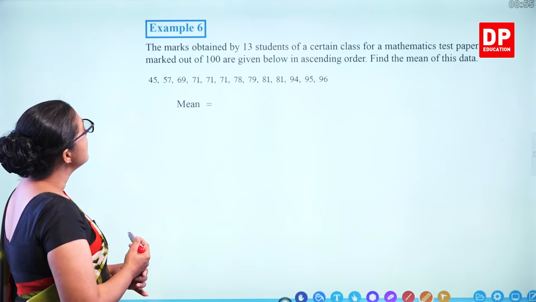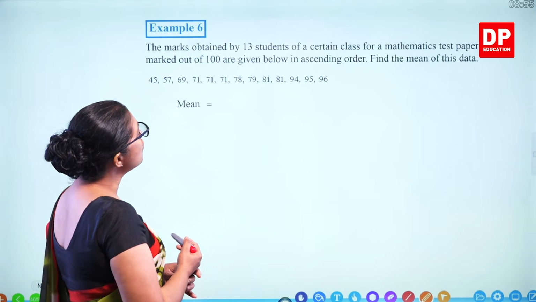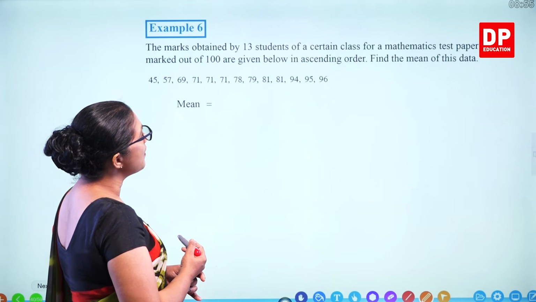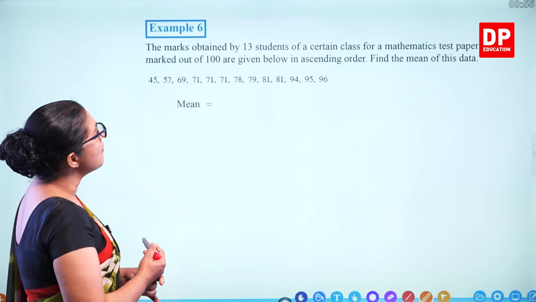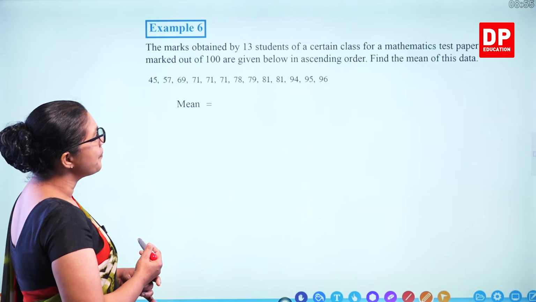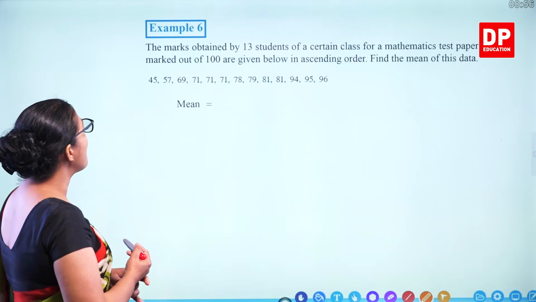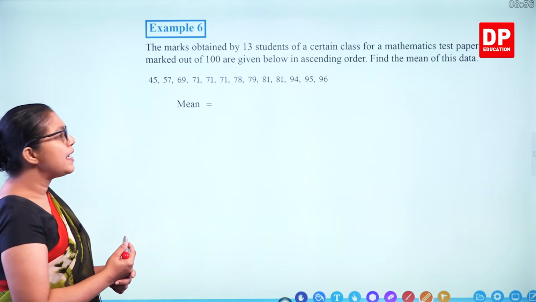Example 6. The marks obtained by 13 students of a certain class for a mathematics test paper marked out of 100 are given below in ascending order. Find the mean of this data. How do you find the mean?